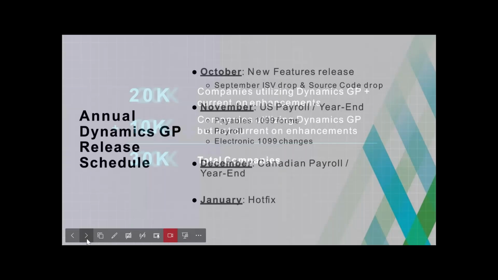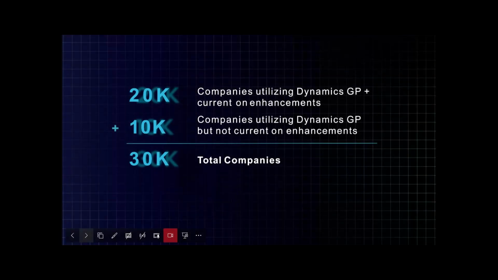Next slide, please. Okay, my good friend Martin Olson at E1 Solutions, who's been in this space a very long time, once told me and a bunch of others that he was guesstimating, and I found his numbers to be solid as usual, that there are probably 20,000 companies, not users, 20,000 entities utilizing Dynamics GP today on this planet who are current with their enhancements to Microsoft.